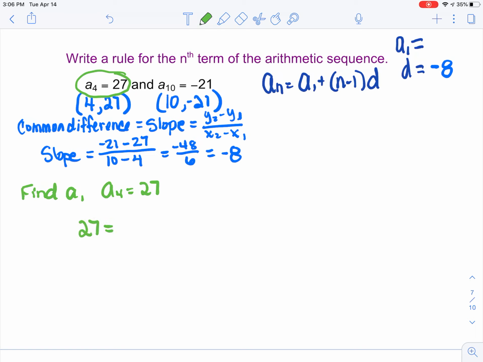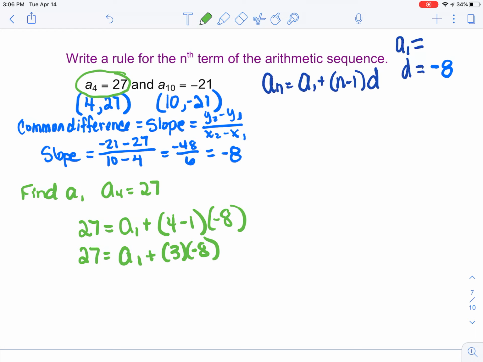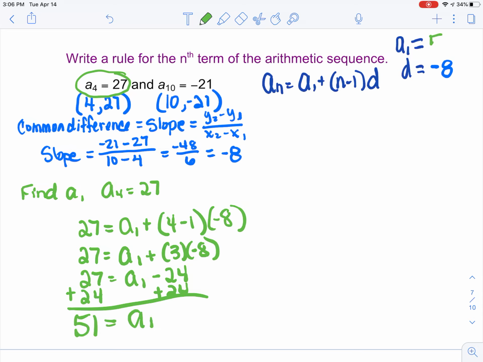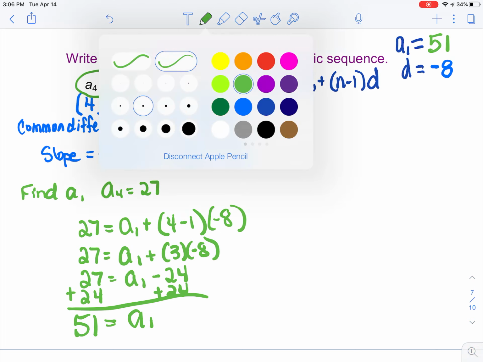So I know that my fourth term is 27 equals, I do not know my first term, plus, which term is this one? 4 minus 1, and we just found our common difference, which is negative 8. 27 equals a sub 1 plus 3 times negative 8. 27 equals a sub 1 minus 24, so add 24 to each side. My a sub 1 turns out to be 51.